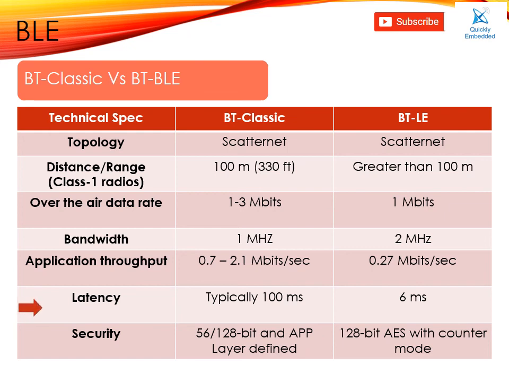Latency is typically 100 milliseconds in Classic but 6 milliseconds in BLE. Security: BT Classic supports 56 or 128 bit and app layer defined, but BLE uses 128-bit AES with counter mode. These are some of the comparisons of BT Classic and BLE that you need to be aware of.